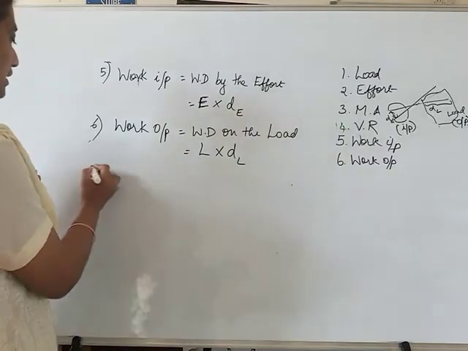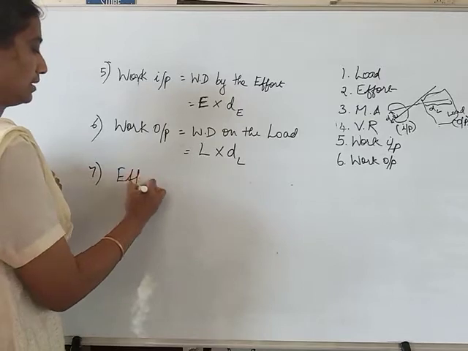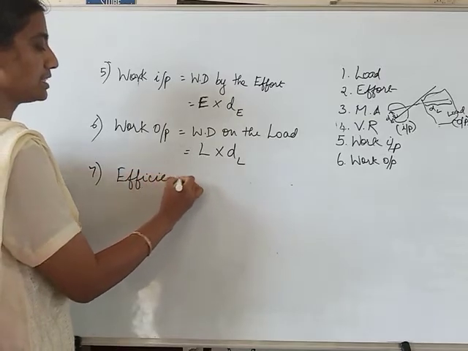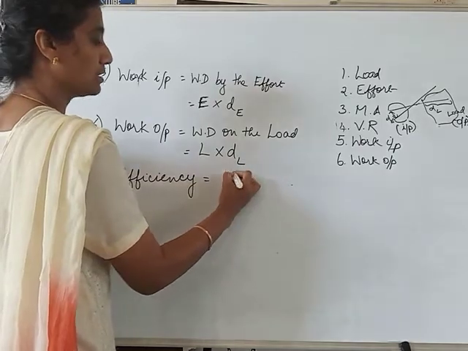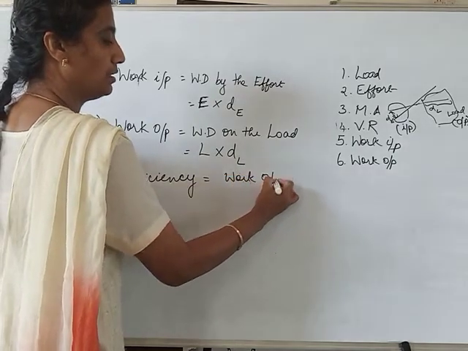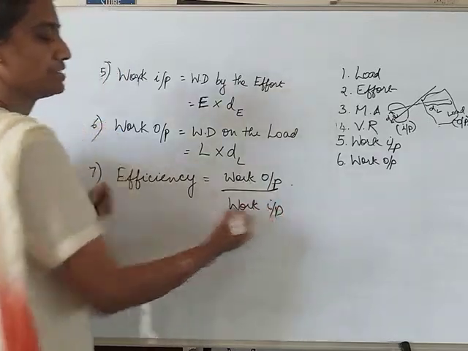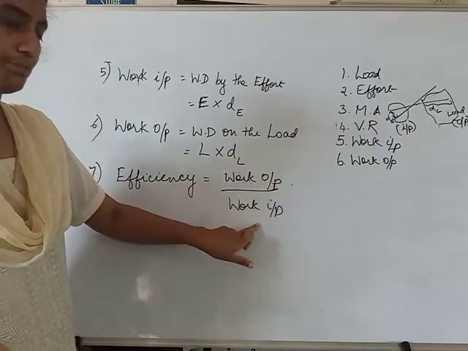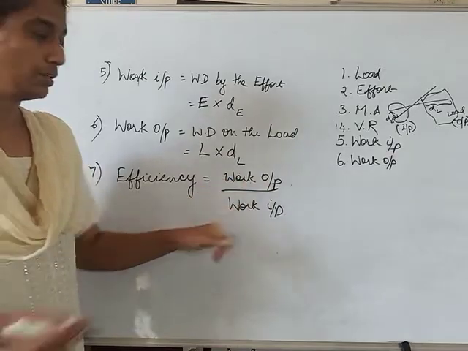Is it clear? Next comes efficiency. Efficiency is the ratio of work output upon work input. Always efficiency is output upon input. It can be power output upon power input or work output upon work input.